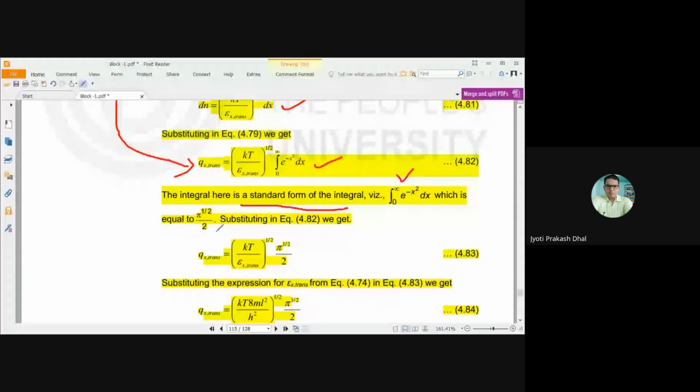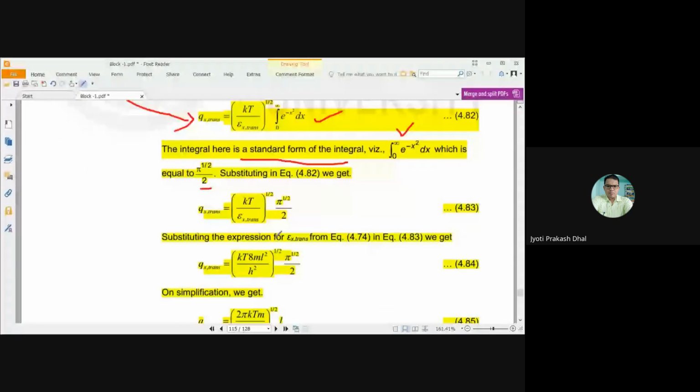Now substituting this value, we can write the translational partition function along the x-axis, Qx translational, equals kT divided by epsilon x translational to the power half, into pi to the power half divided by 2.